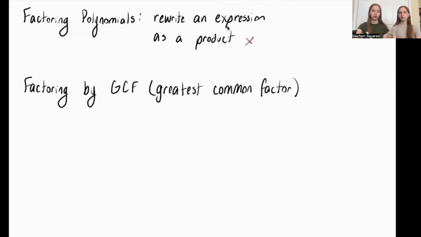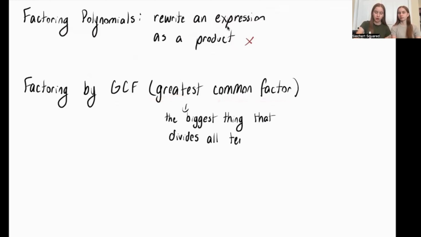Now, when we're talking about factoring by GCF, GCF should be a common term that you've heard before. It stands for the greatest common factor. That phrase can be kind of overwhelming, but breaking it down, the greatest common factor is the biggest thing that divides all of our terms.